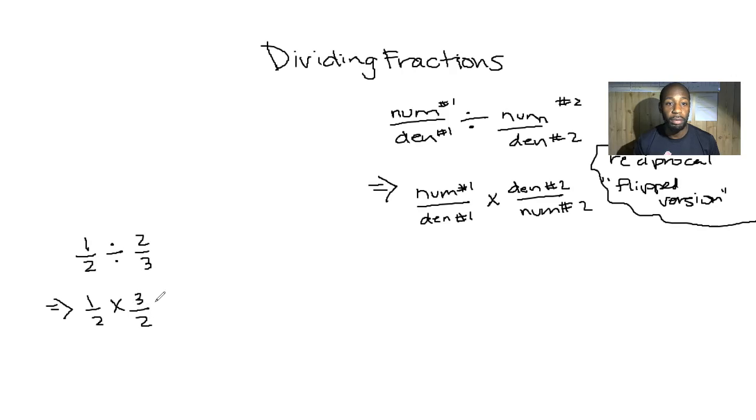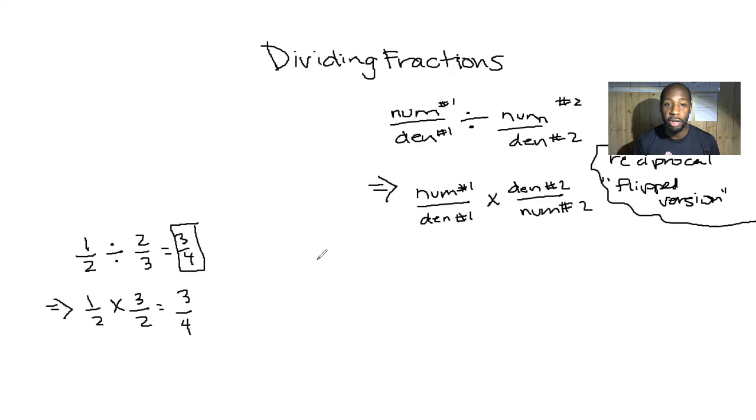And then multiply that out. 1 times 3 gives you 3. 2 times 2 gives you 4. Therefore, 1/2 divided by 2/3 is 3/4.